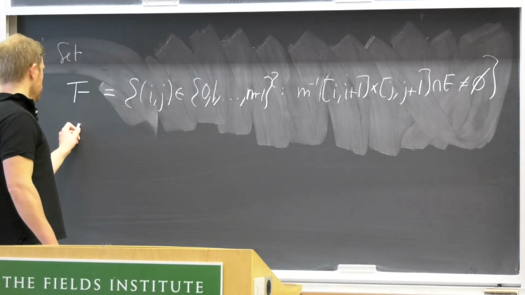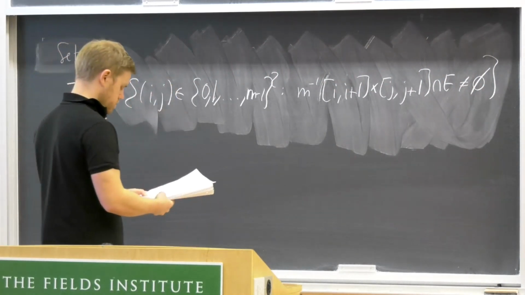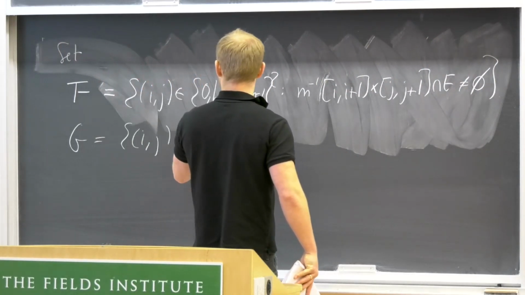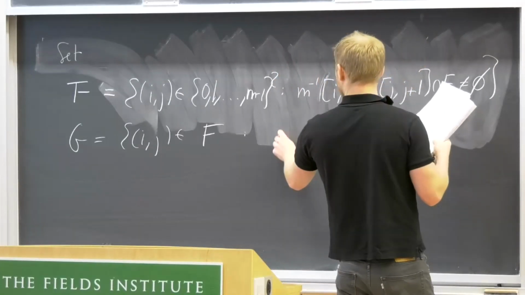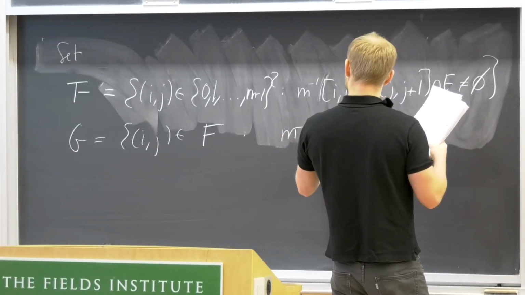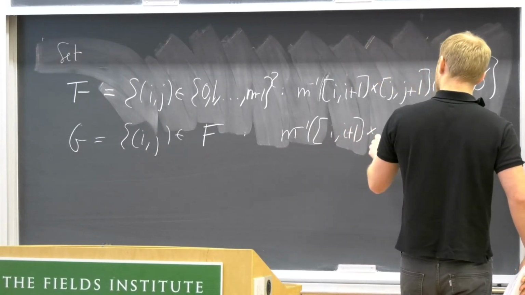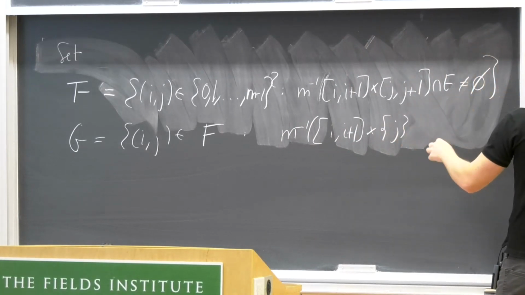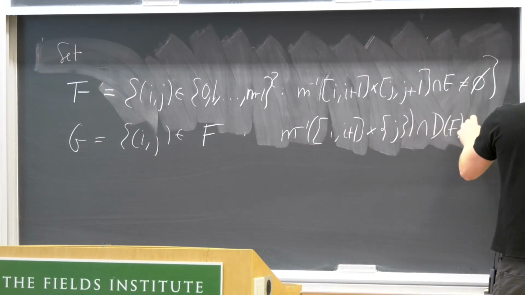Then G will be the set of all the yellow boxes, so the boxes that I shaded. So these are all the boxes in F such that there are no points of discontinuity of the corresponding wiggly lines. So that means that in the interval I to I plus 1 cross j, where j is really the fiber we pick, intersect the points of discontinuity is empty.